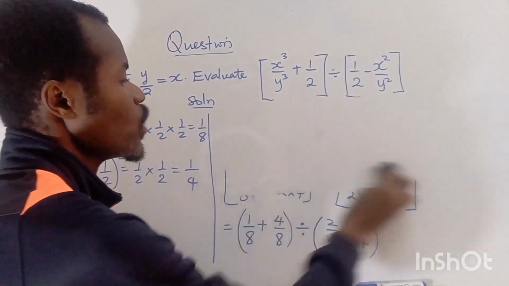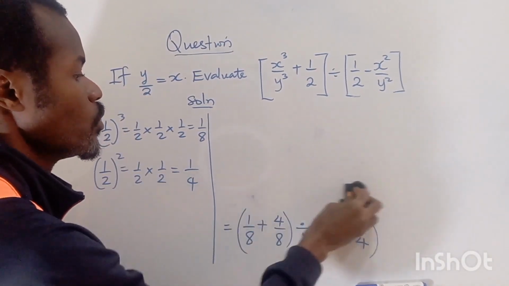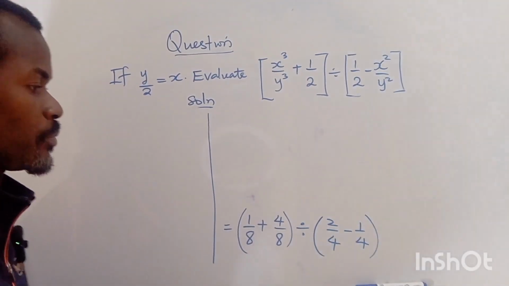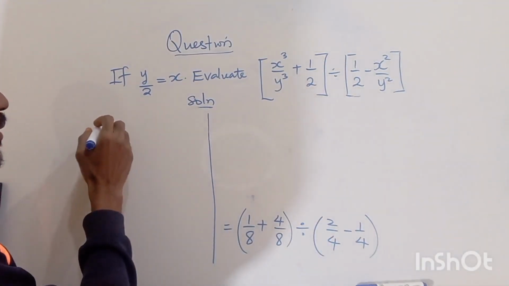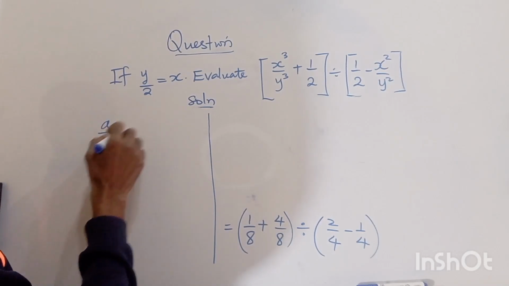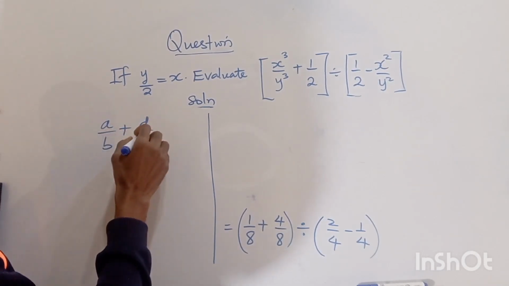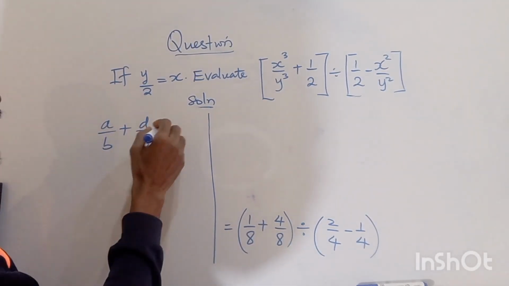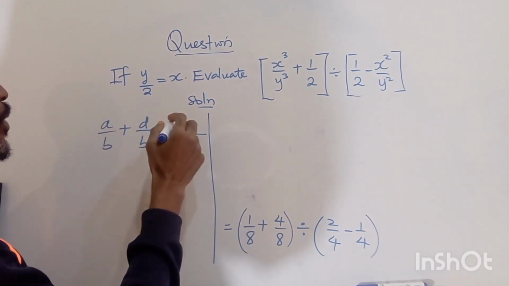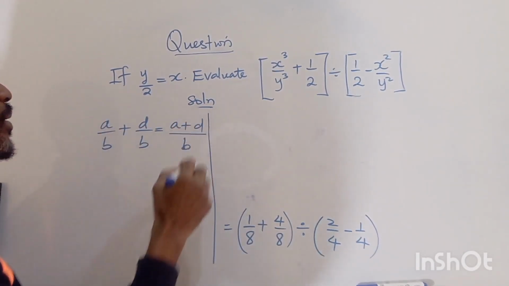Now that we have equal denominators, we have to remember the rule of equal denominators. If I have a fraction, let's say a over b plus d over b, since they are equal, we bring down the b and we add the numerators.